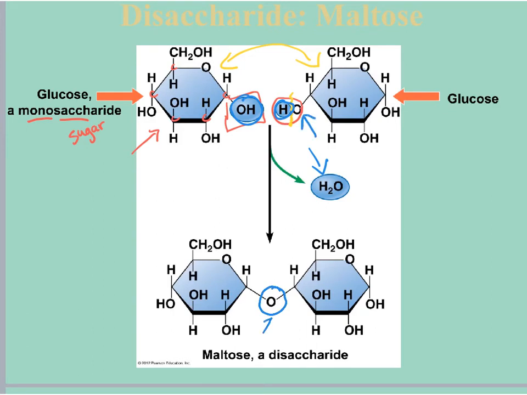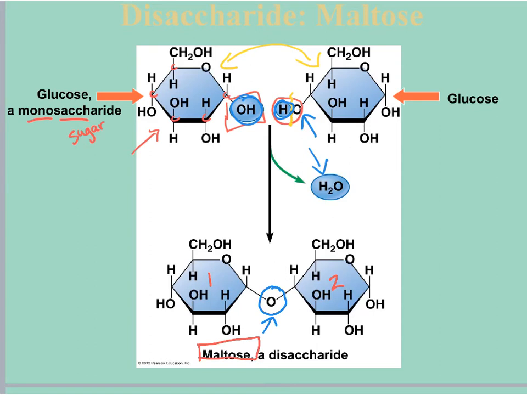And that's what you see right here. And now you've got something called a disaccharide. Di means two sugars. So now you've got two sugars that have bonded together using an oxygen atom, and it creates a different sugar called maltose.